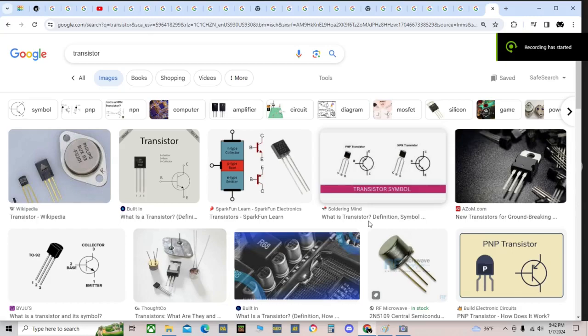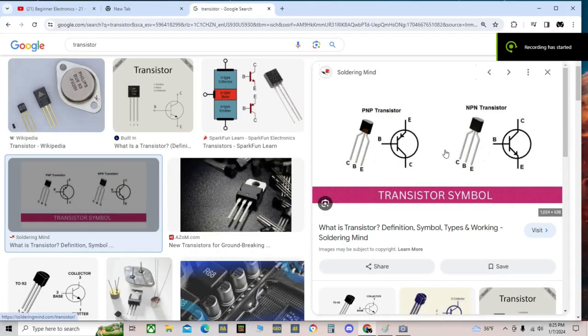Now transistors are like the better relay. What a transistor does is, it's a switch, but it's a more complicated switch in that right here it takes like say 0.6 volts to actually let current go through.